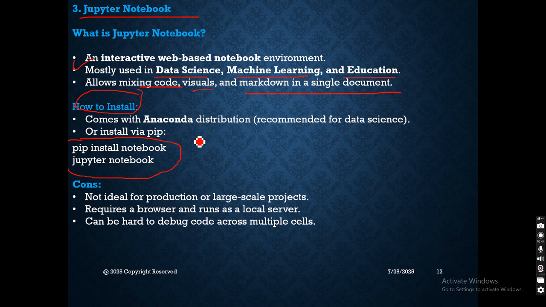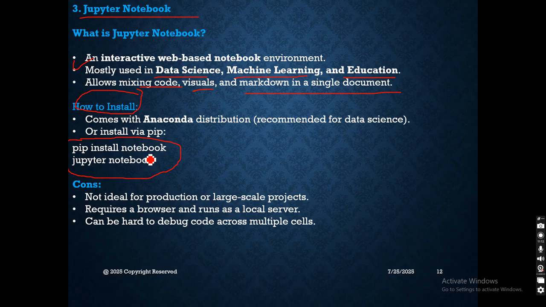One of the good things in Python is that if you want to install any library, simply give pip and then this command: pip install notebook. It will start installing Jupyter in your setup.